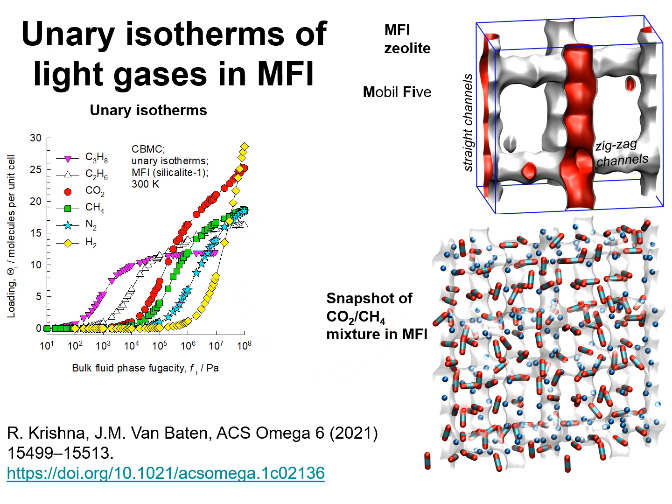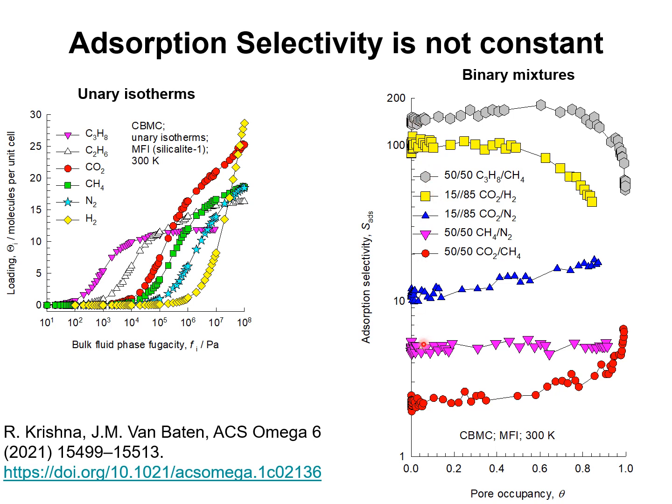Here's a snapshot showing the location of molecules of CO2 and CH4 within the intersecting channels of MFI zeolite. This graph shows the adsorption selectivity for a variety of mixtures as a function of pore occupancy, and the selectivities were determined from configurational bias Monte Carlo simulations.